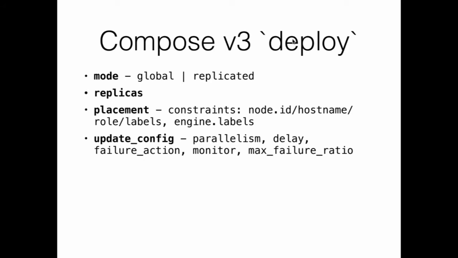And you can also specify how this update should be executed. You can specify the parallelism, meaning how many replicas will be updated simultaneously. For example, if you have 10 replicas of some service, you can say, I would like to update 2 at a time, okay? And you can specify the delay between updates. You update 2 at a time with a delay of 15 seconds. So in the next 15 seconds, you will update the next 2, etc.